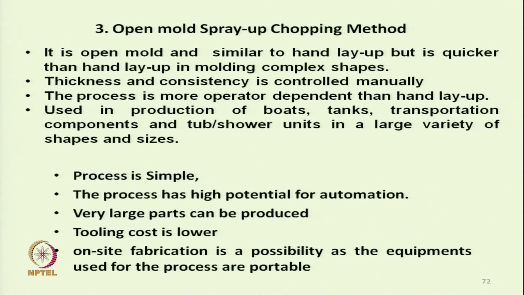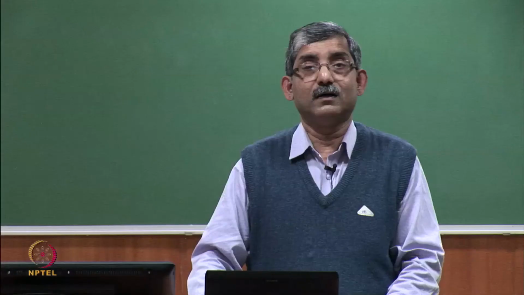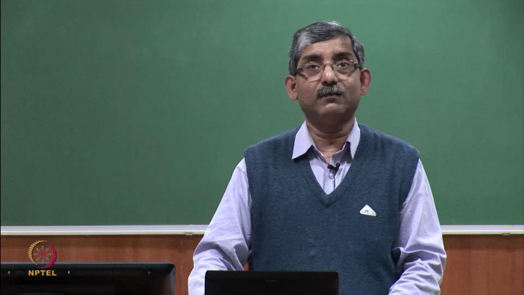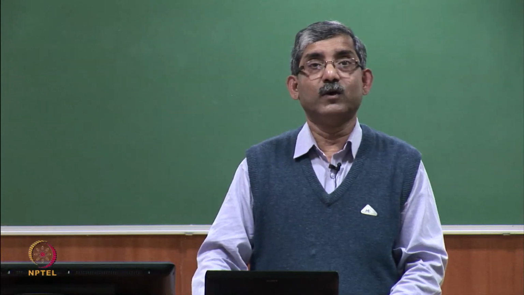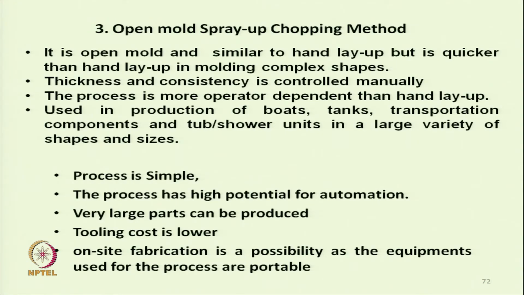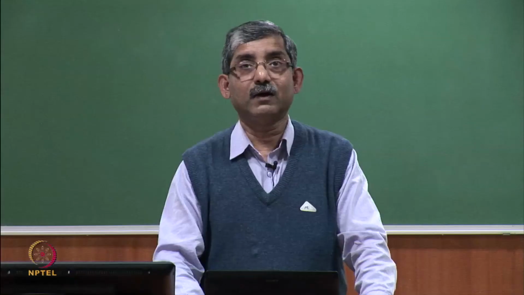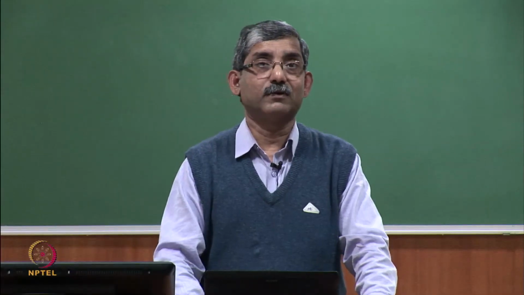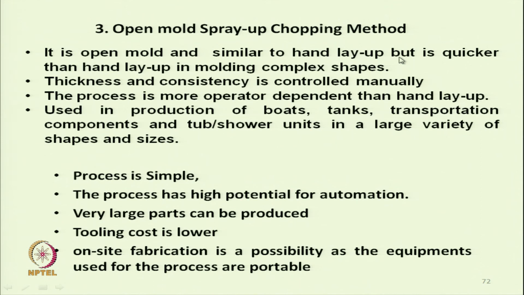Next method is the open mold spray up chopping method, where the rovings or fibers are chopped first and then mixed with the matrix material. It is similar to hand layup, but it is a quicker method, and we can develop complex shapes of composite.